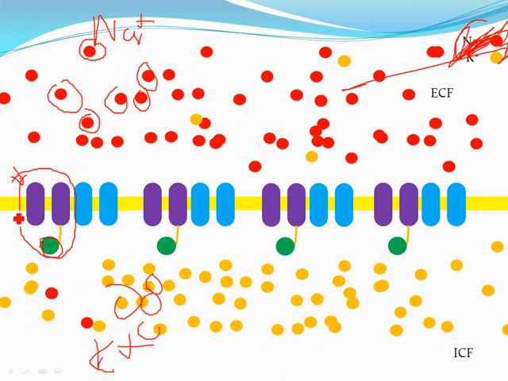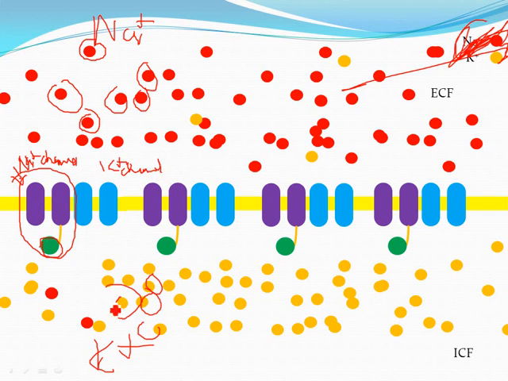Is it the sodium voltage gated channel or a potassium voltage gated channel? Yes, the sodium one has the inactivation gate with it. So here's the sodium voltage gated channel, while the blue one is the potassium voltage gated channel.